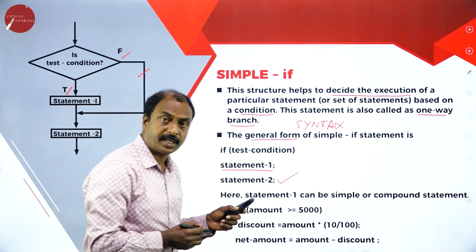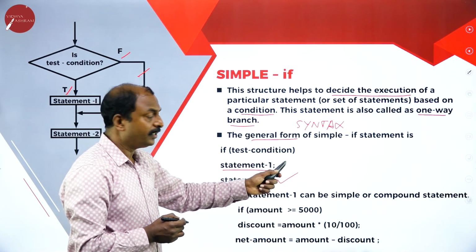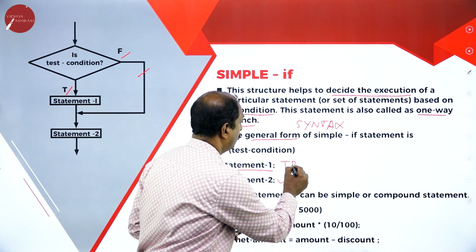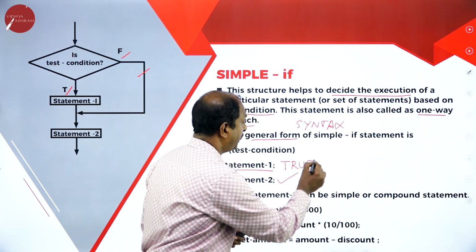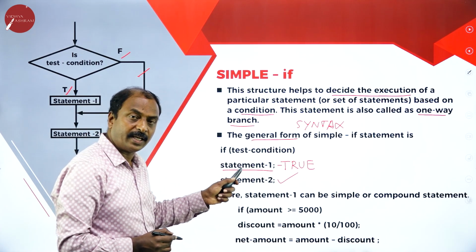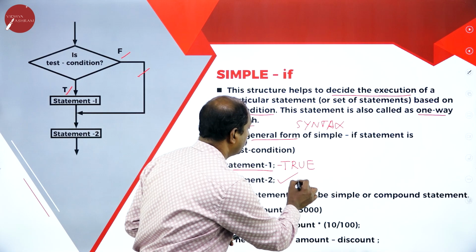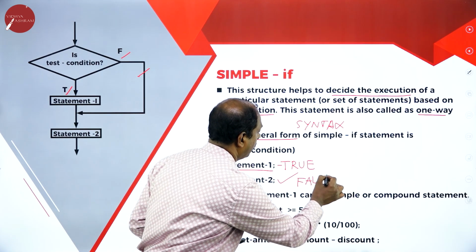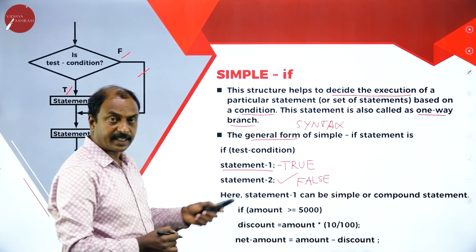So I repeat once again, for the test condition given, if it is true, it executes this statement, and if the condition fails or is false, it executes the second statement. So this is the syntax of that.